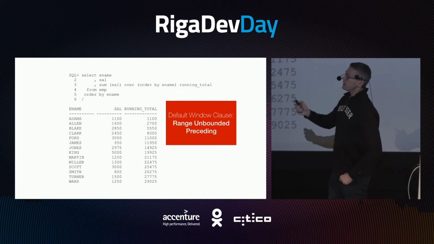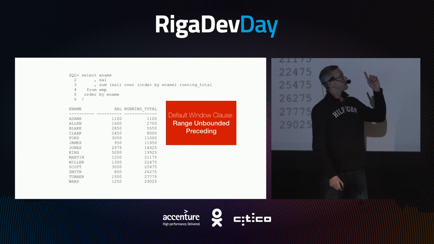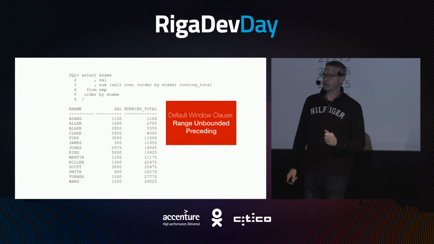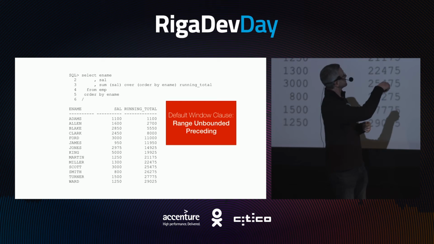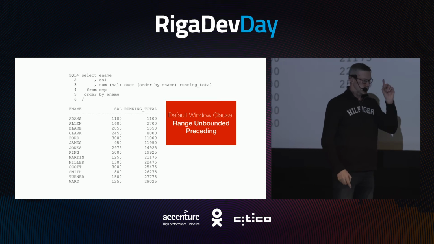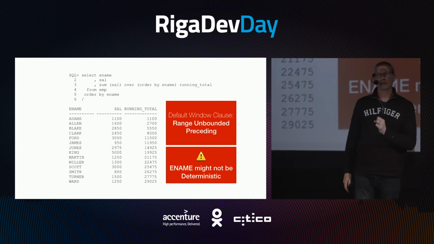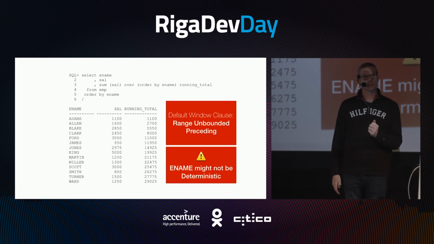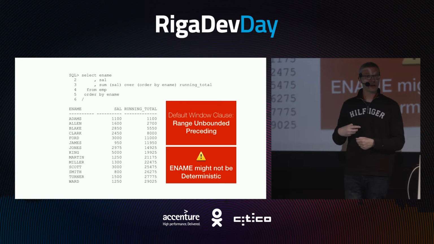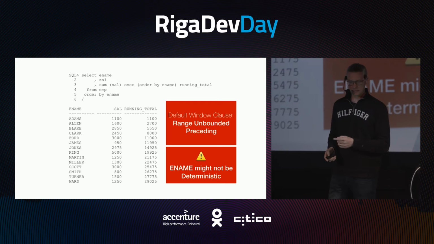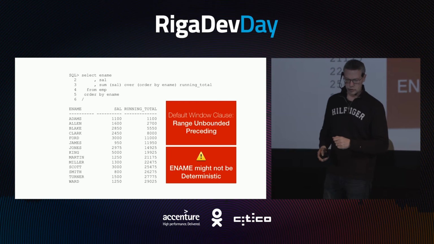We order them by e-name, and the default window clause is range unbounded preceding. So if you look at the results in that last column there, one more remark, the e-name might not be deterministic. In this case, all the names are unique, but they don't have to be. But we'll dive into that in a little bit more.